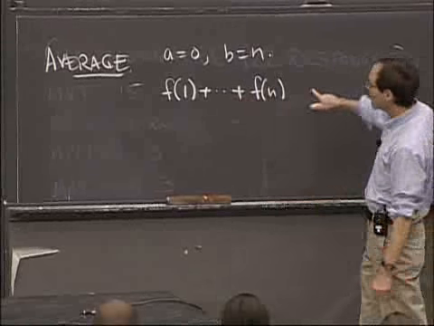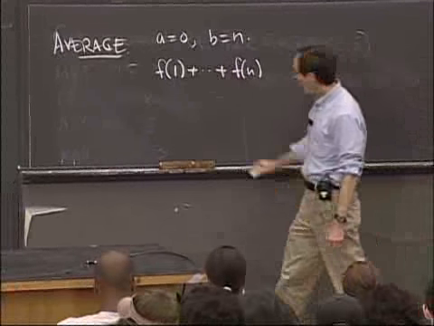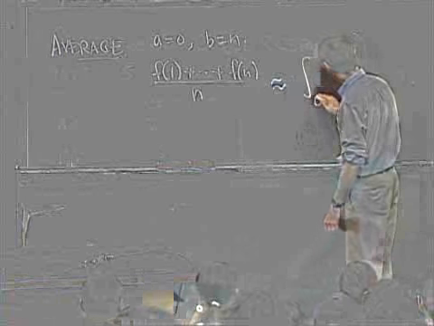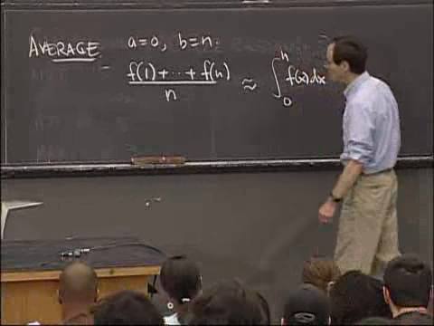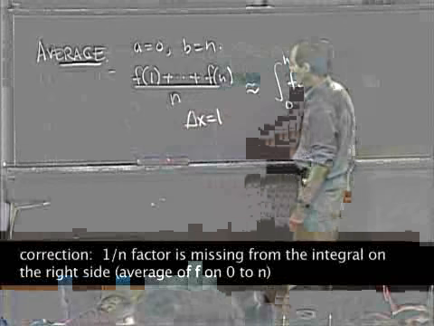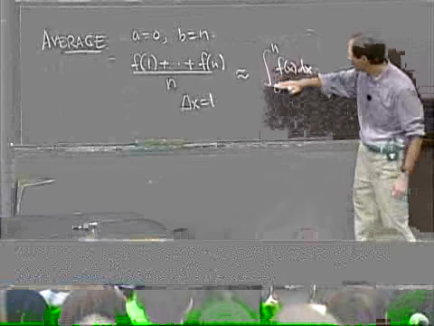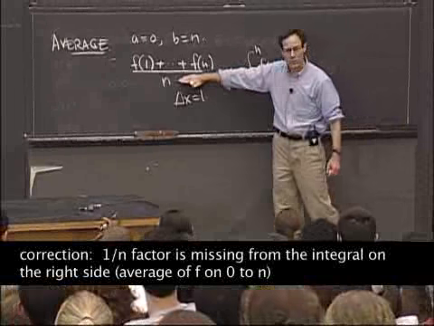Now, that would be the sum of the values from 1 to n. But the average is we divide by n here. All right? So this is the average. And this is a kind of Riemann sum representing the integral from 0 to n of f of x dx, where the increment, delta x, is 1. All right? So this is the notion of an average value here, but in the continuum setting as opposed to the discrete setting.